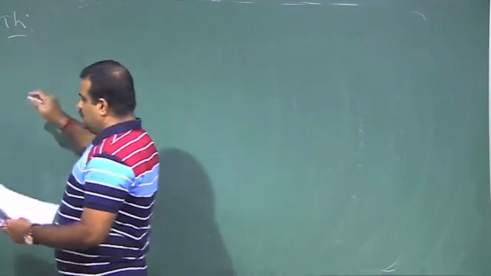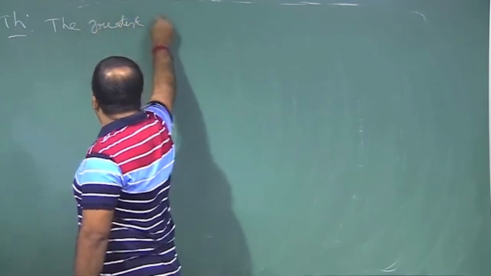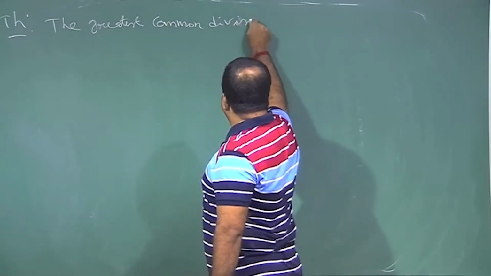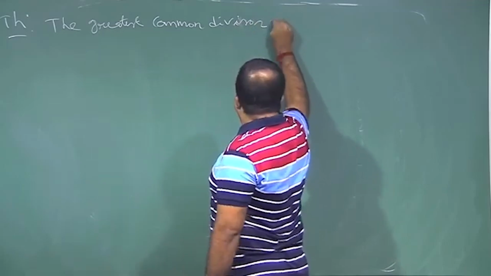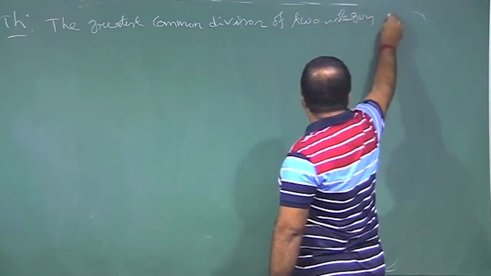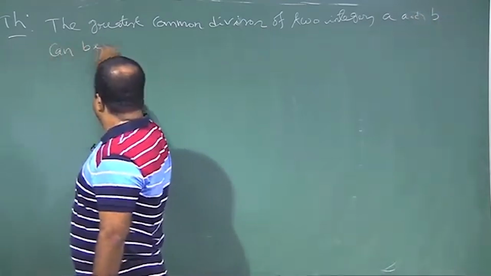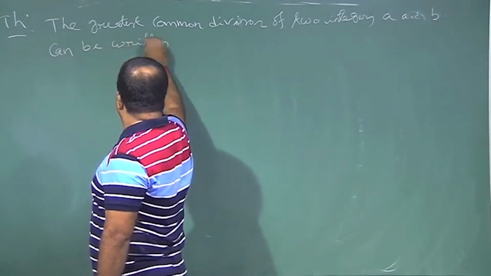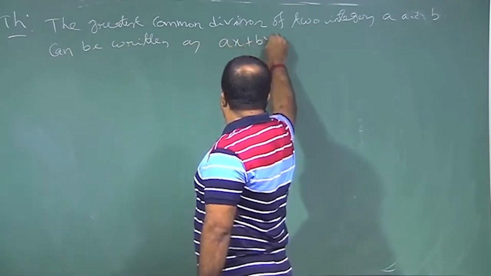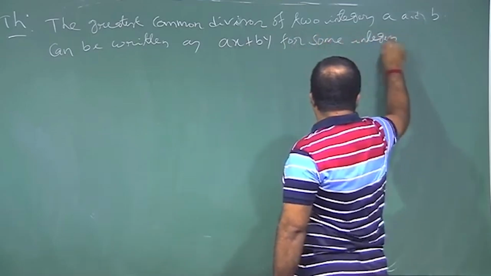So, this is the theorem. The theorem says the greatest common divisor, or the GCD, of two integers a and b can be written as ax plus by for some integers x and y.